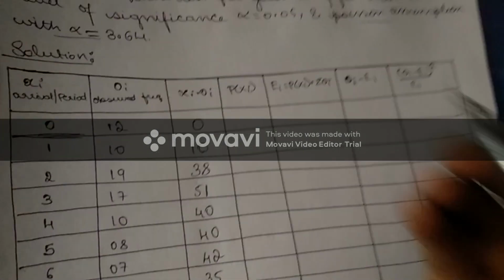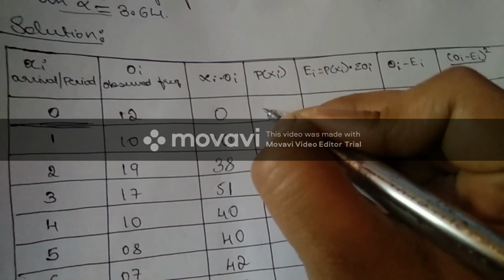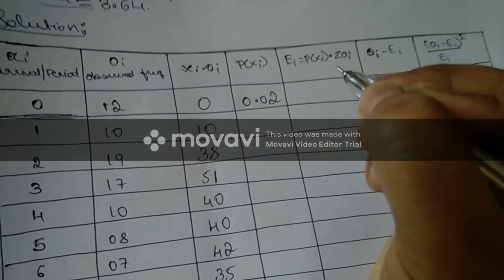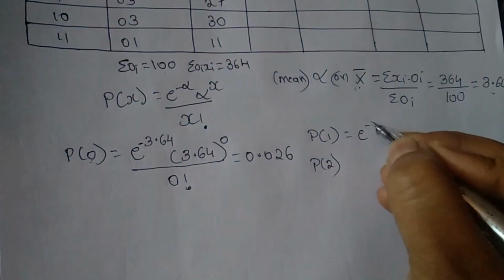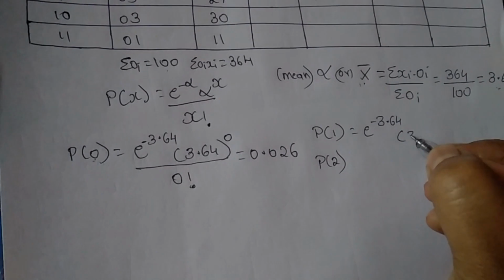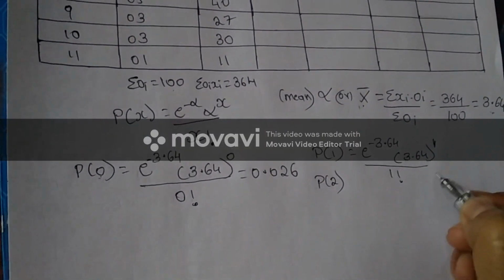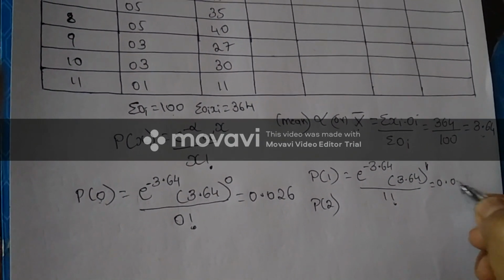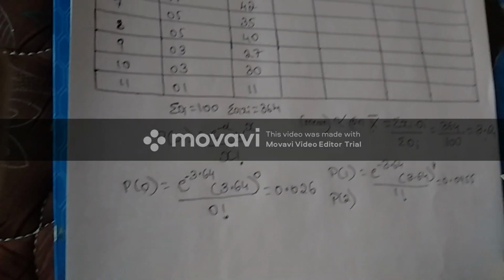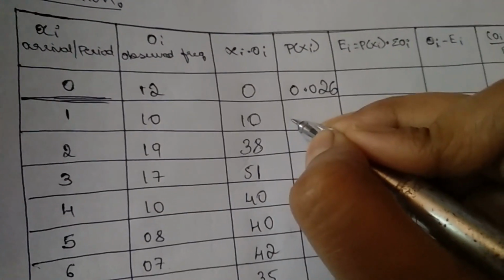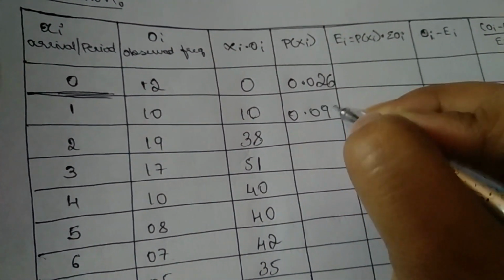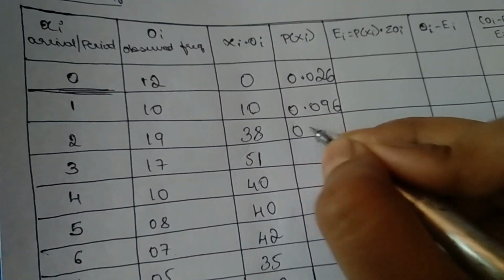I'll write the values over here. You can calculate this. P of 0 is 0.026. Now P of 1, how will you take? E power minus 3.64, 3.64 whole power 1 divided by 1 factorial, that is 0.096. So P of 1 is 0.096. In the same way, P of 2, 0.174.